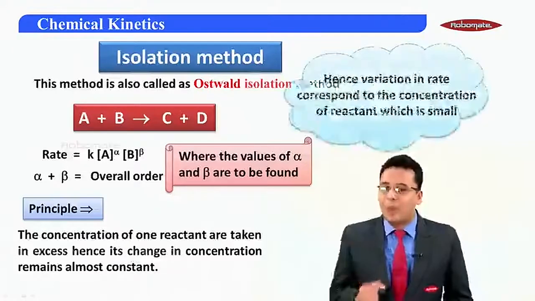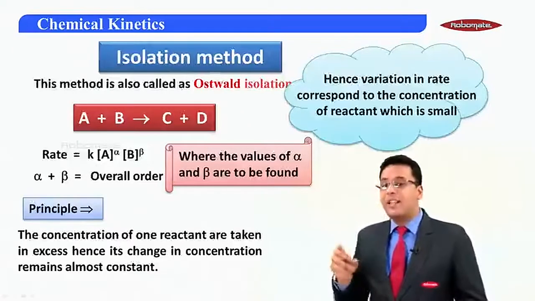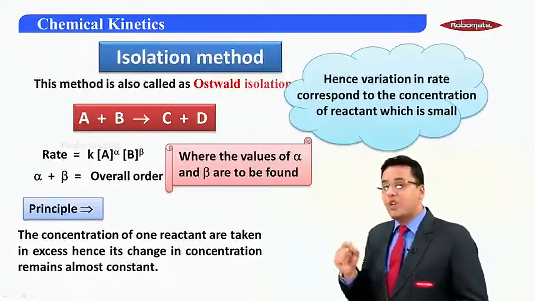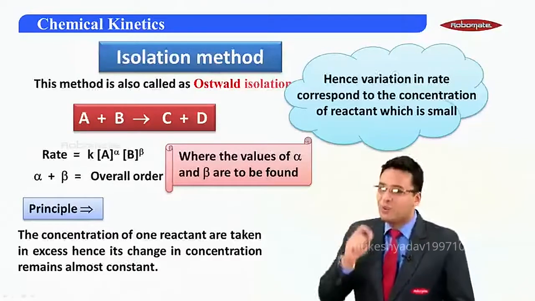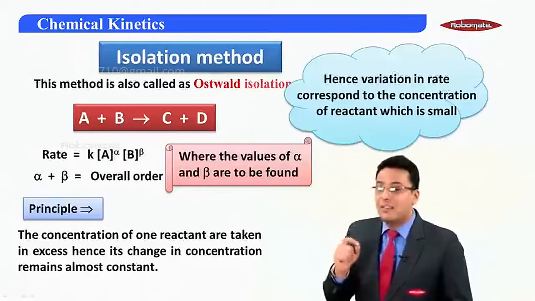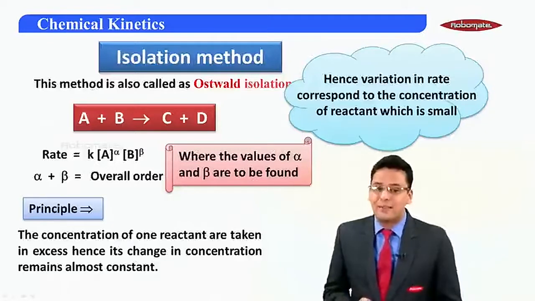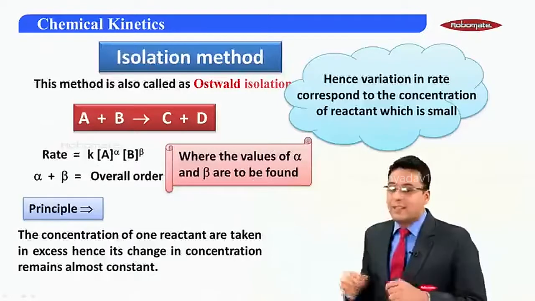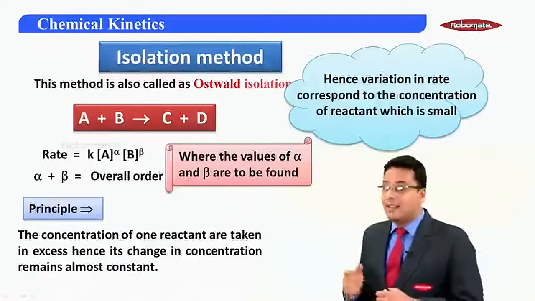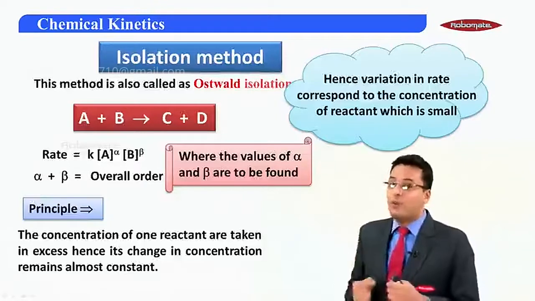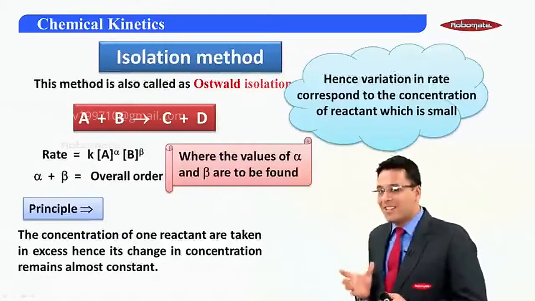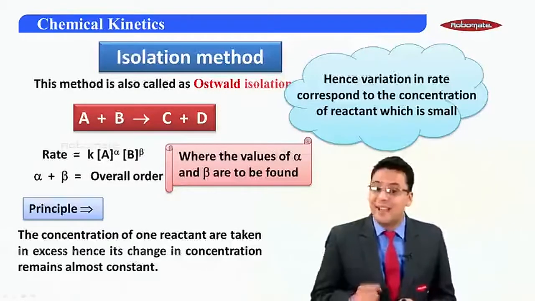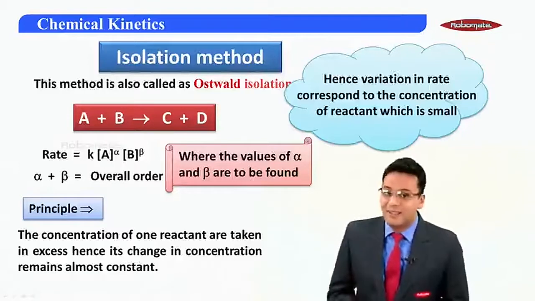Now what happens because of that is that the variation in rate corresponds to the concentration of the reactant which is small, the reactant which is not taken in excess. Just think about it, my dear students. Suppose B is taken in excess, then the concentration of B will almost be constant, which means that the rate will depend only on the concentration of A. As A will decrease, the rate will decrease.